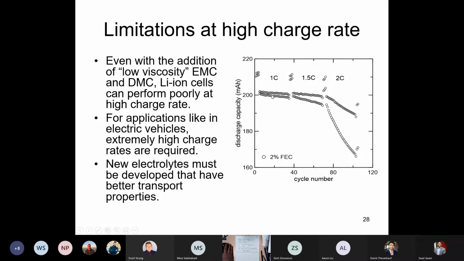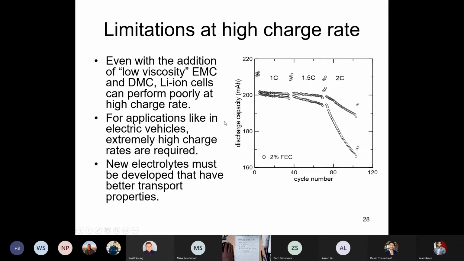It's being charged at 1C, that's okay. But at 1.5C, one of the pair cells starts to show capacity loss, and by a 2C charge, they're both showing dramatic capacity loss, and this is because of lithium plating taking place at the negative electrode surface, because the overvoltage just gets too large.